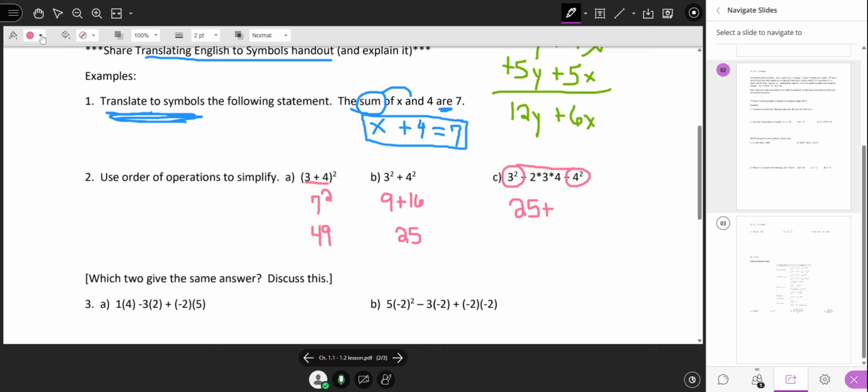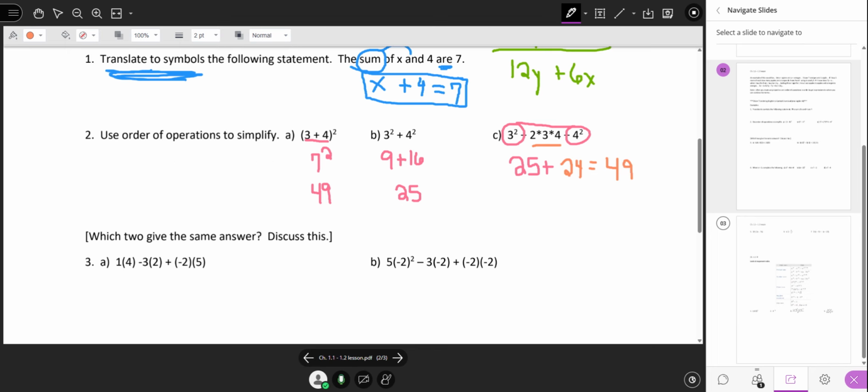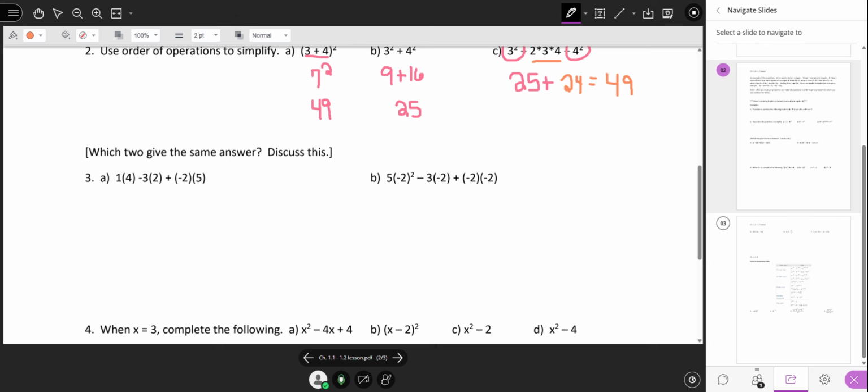But I do need to do this. 2 times 3 is 6. 6 times 4 is 24. So when I add that, I get 49. Shortcut as much of your work as you can. Okay? Because why do more work than you gotta?